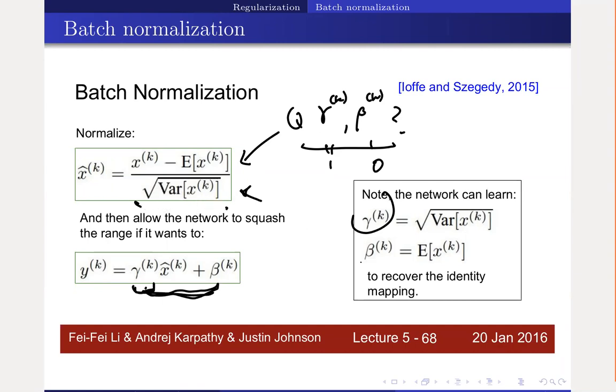And if beta is equal to the expectation, the mean here, it also reverses this operation. So I will get back the original x. Having these two parameters allows you to undo this operation in case it is not good.